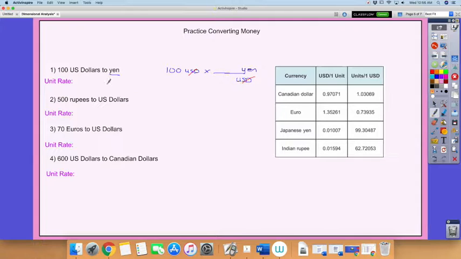So now we have to figure out which unit rate to use. Since I see USD in the denominator here, that means I'm going to use the ratio for USD that has it in the denominator. And if I go down to Japanese yen, that tells me the unit rate is 99.30487. So that means right here, we'll put that 99.30487, and that's yen per 1 USD.